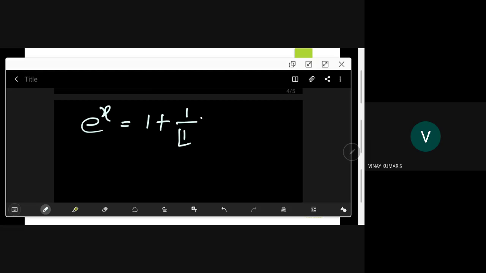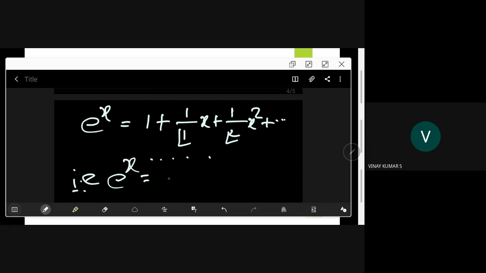So 1 by factorial 1 into x, plus again f double dash of x at x equal to 0 is also 1. Like this you will get, this is called the Taylor series expansion, the Maclaurin series expansion of e power x. That is what we are getting: e power x is equal to 1 plus x plus x square by factorial 2 plus, like this we are getting.